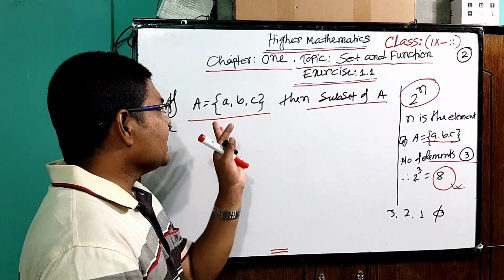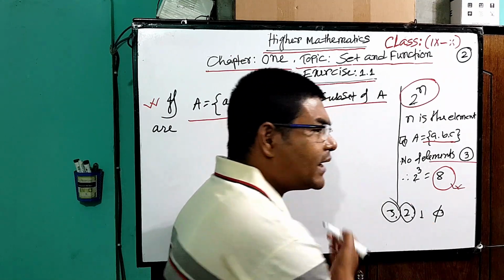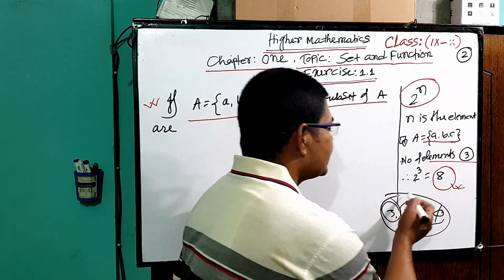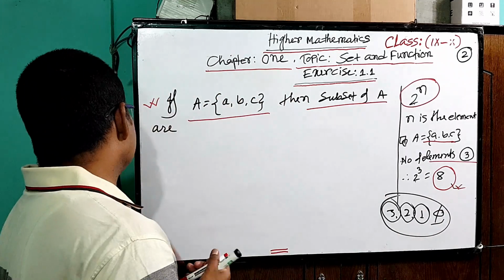So at first you have to write 3 elements. Then you have to take 2 elements. Then you have to take 1. Then the empty set. We will get the number of subsets 8.